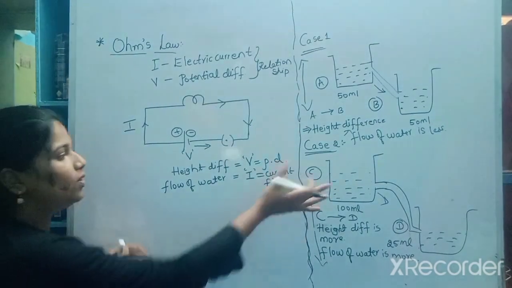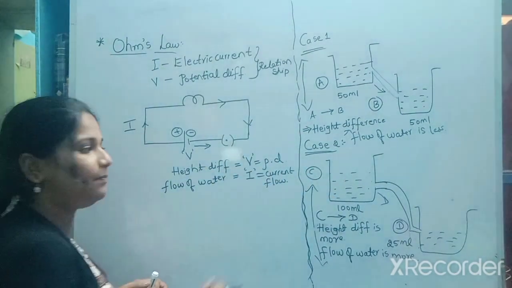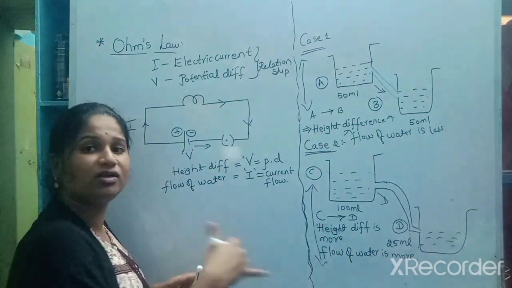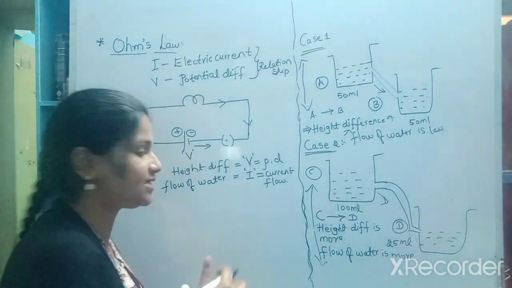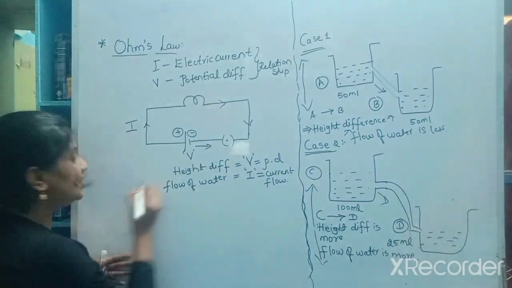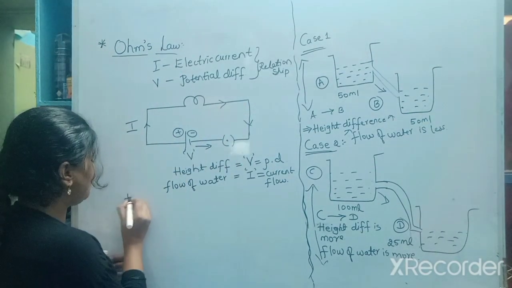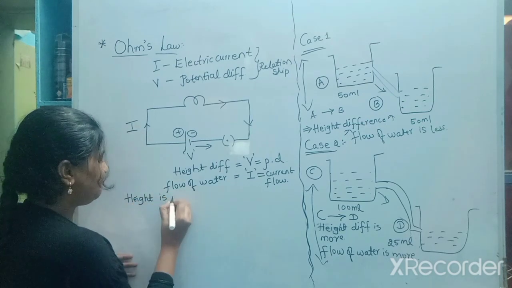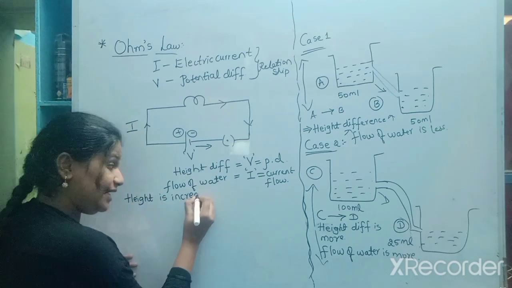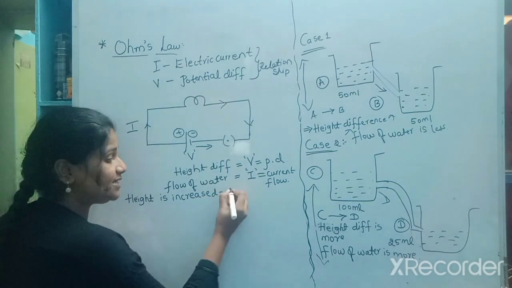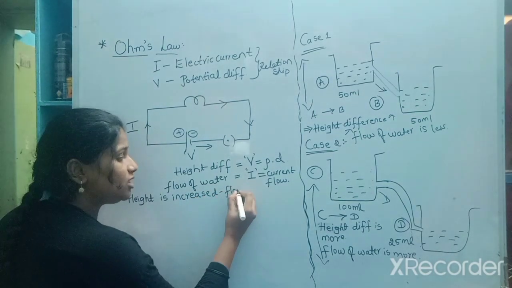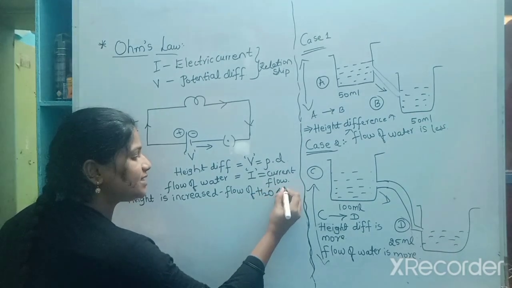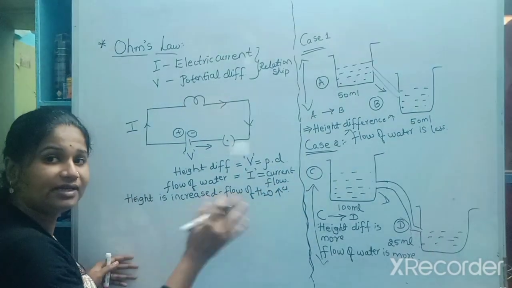Okay, now in this situation, what is happening? If the height is increased, the flow of water also increases. Here in the daily example, if height is increased, the flow of water also increases.